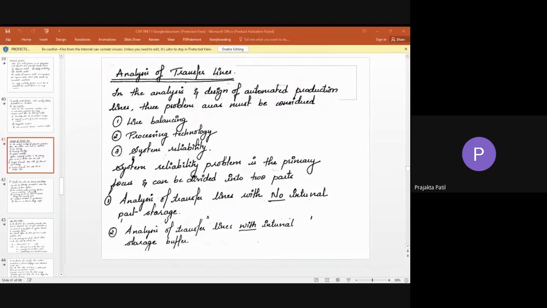So we will have the analysis of the transfer line with no internal part storage, and the analysis of the transfer line with an internal part storage buffer. We are going to consider these two conditions, one wherein the transfer line has part storage or buffer storage stations in place, and another wherein we do not have internal storage buffers in place. The first condition, the transfer line with no internal part storage, is nothing but the regular, conventional automated production line that we have already seen.